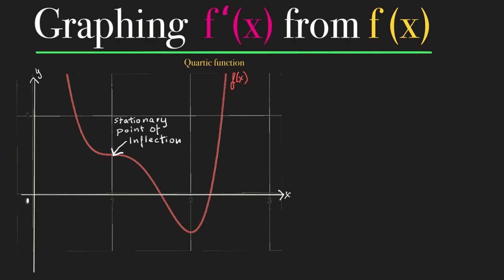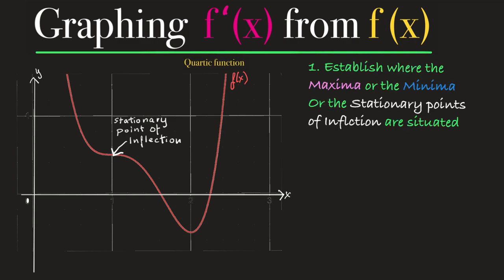Graphing a derivative of this function needs to start by establishing where the maxima or the minima or the stationary points of inflections are. It is at these points that you'll find that the derivative is equal to 0, which means that the gradient or the slope is horizontal.